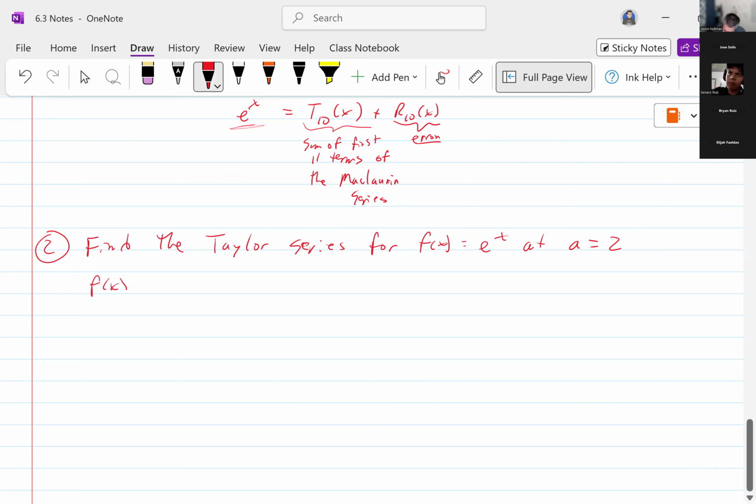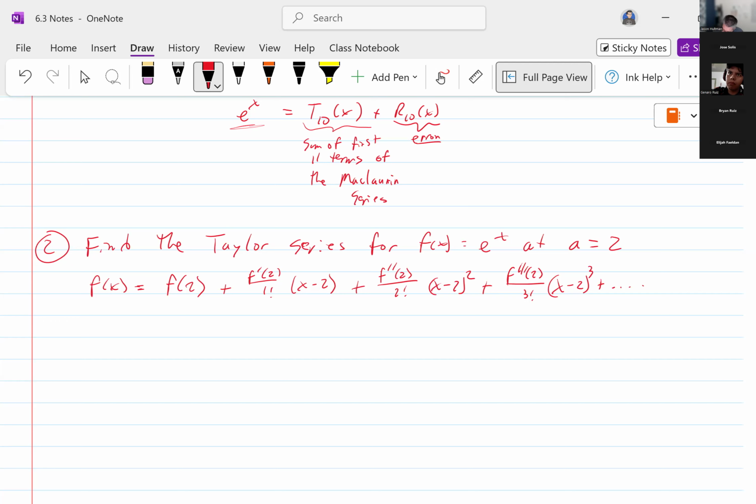So what's this thing going to look like? Well, f of x is going to be equal to f of 2, plus f prime of 2 over 1 factorial, which is just 1, times x minus 2, plus f double prime of 2 over 2 factorial times x minus 2 squared, plus f triple prime of 2 over 3 factorial times x minus 2 cubed, plus dot dot dot, and we're just going to go like that forever.